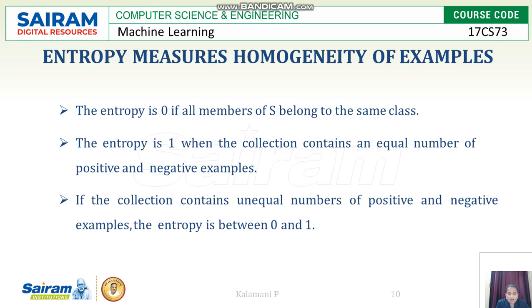If entropy is equal to 1, the collection contains an equal number of positive and negative training examples. If the collection contains an unequal number of positive and negative training examples, the entropy lies between 0 and 1.